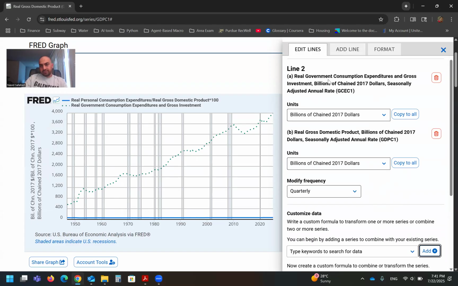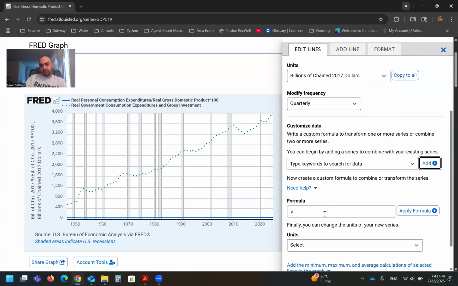So the government expenditure is A, the real GDP is B, and what we need is A over B times 100.